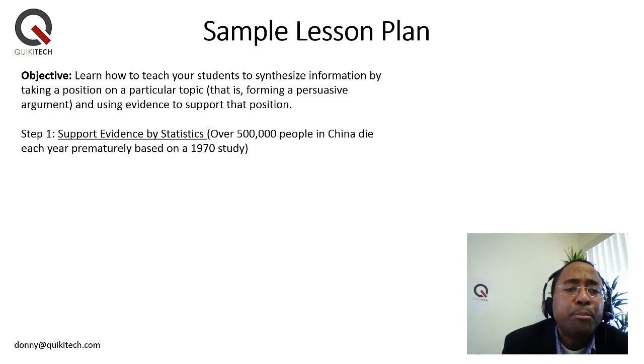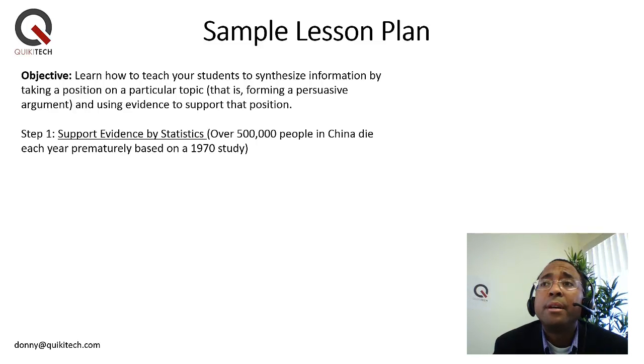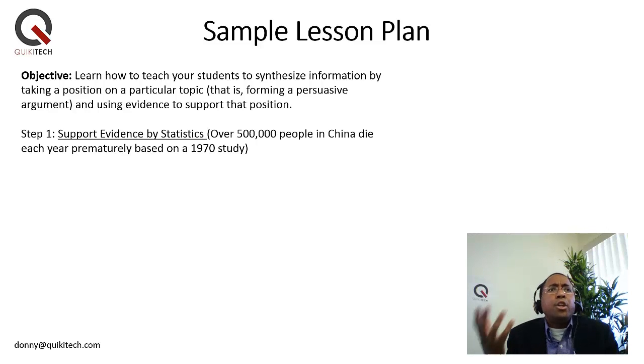So step one, support evidence by statistics. There was a study that was done in 1970 and they looked at the air quality in China. Okay, that can be a sticky situation because if you're in China, it's a beloved country to you. And yet, if a report is done about the air quality, you might want to say, like us in Los Angeles, who also have air quality problems, you might want to say, you know what, our air quality is good.